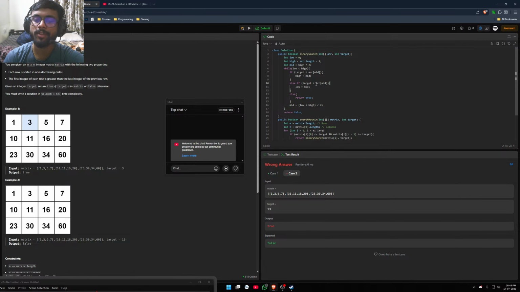Else if target is greater than array of mid, yes, it is greater because it's 11. So low is equal to mid.